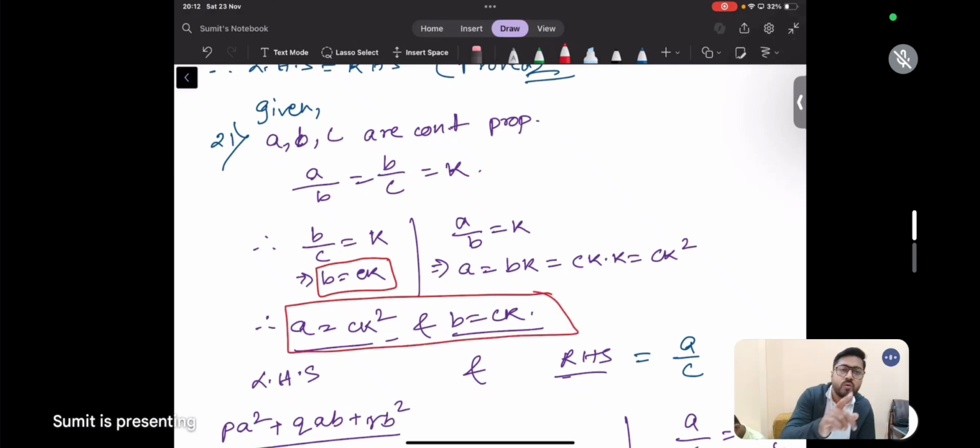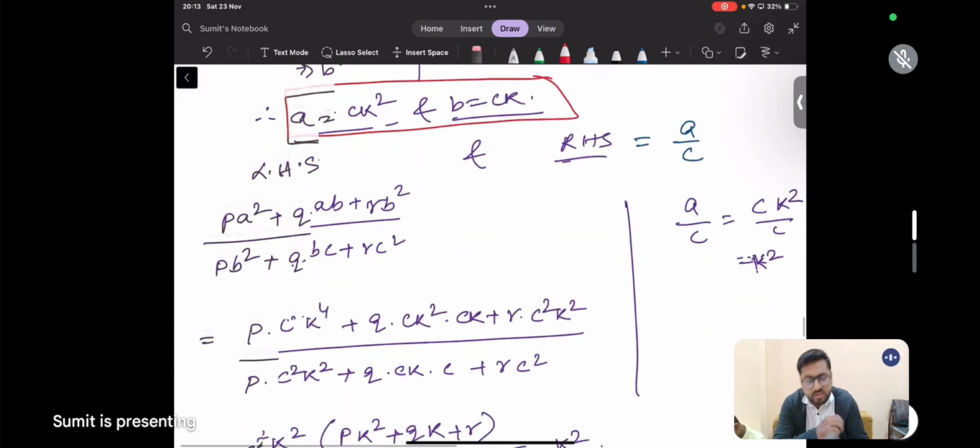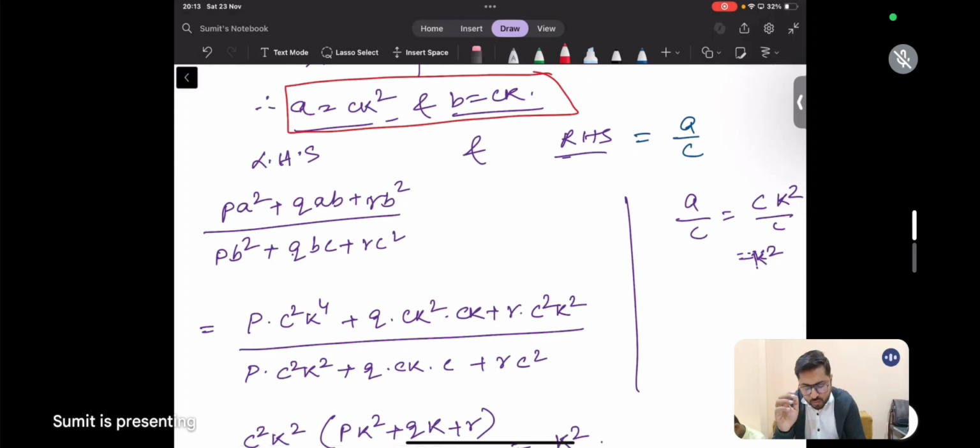That means we have got a and b both in terms of c and k. When continued proportion is given, this replacing rule applies. So now with the help of these two, a equal to ck square and b equal to ck, we will take the LHS and RHS, substitute these things and do the proof.